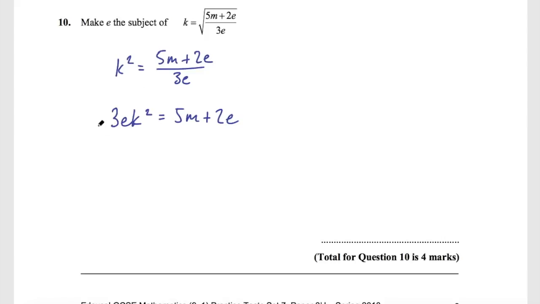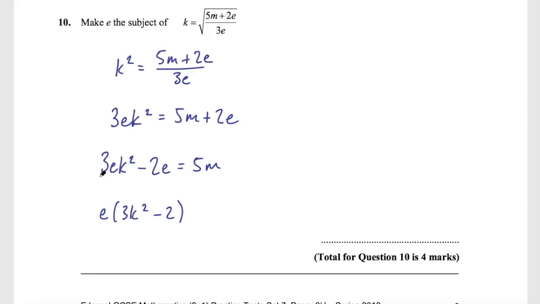You can see it's looking a bit neater now, and we can see that we can get e by itself soon. If we bring this 2e over to the left-hand side, we'll get 3e k squared minus 2e equals 5m. Okay, now we can factorize an e out of this expression. So e(3k squared minus 2).